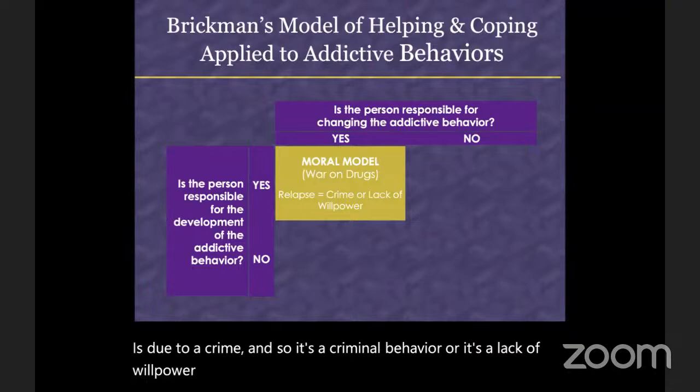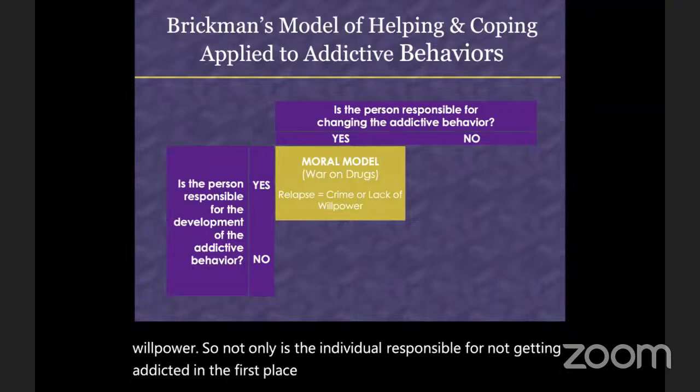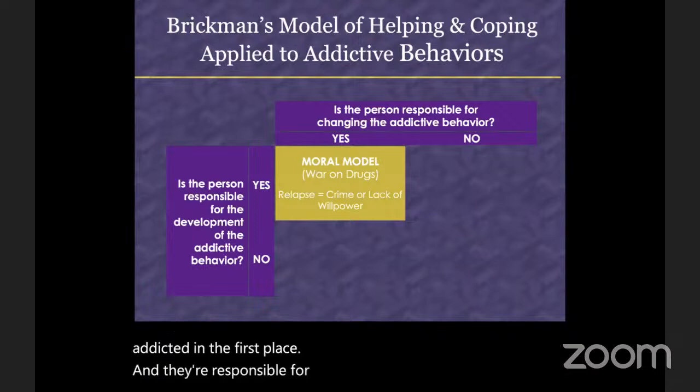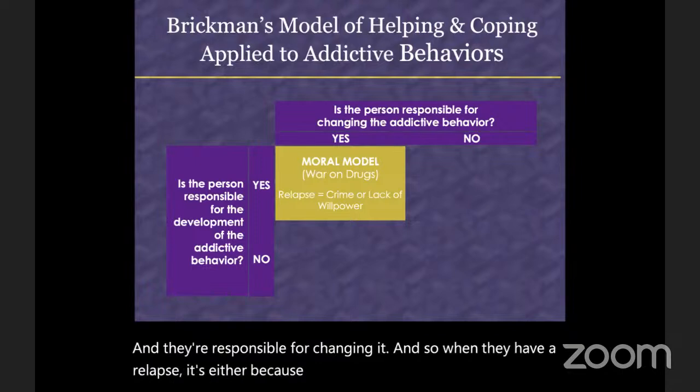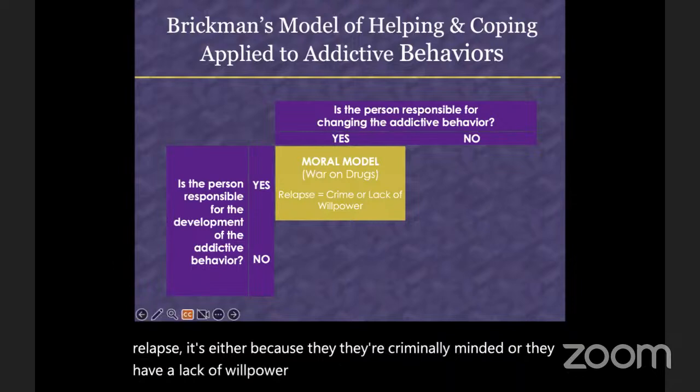So not only is the individual responsible for not getting addicted in the first place, they're responsible for changing it. And so when they have a relapse, it's either because they're criminally minded, or they have a lack of willpower in some way.